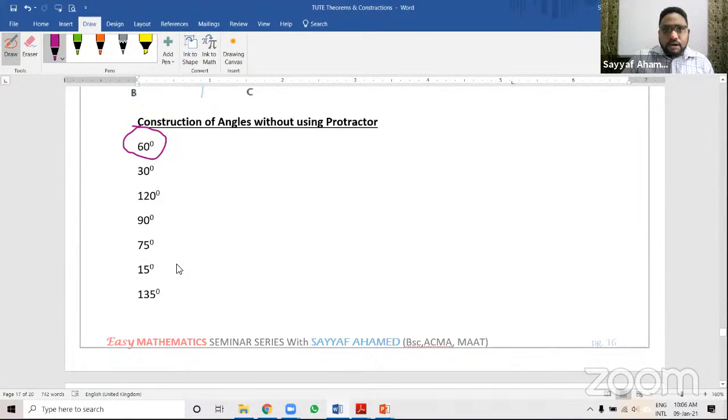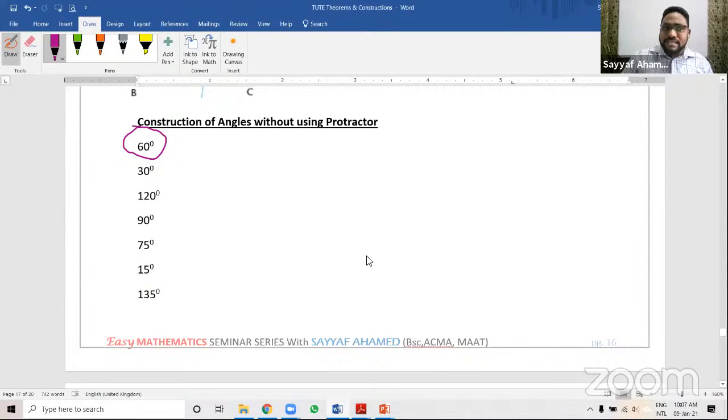I have listed every angle that is a multiple or a division of 60: 60, 30, 120, 90, 75, 15, and 135. Each of these is possible even without a protractor. Obviously half of 15 is 7.5, so likewise you can divide them and draw those as well. But for everything, we start with a base of 60.